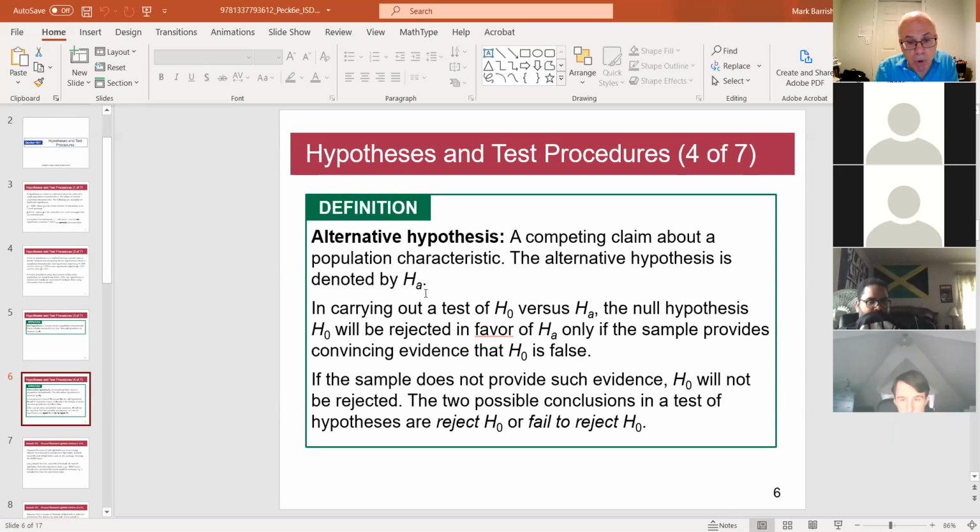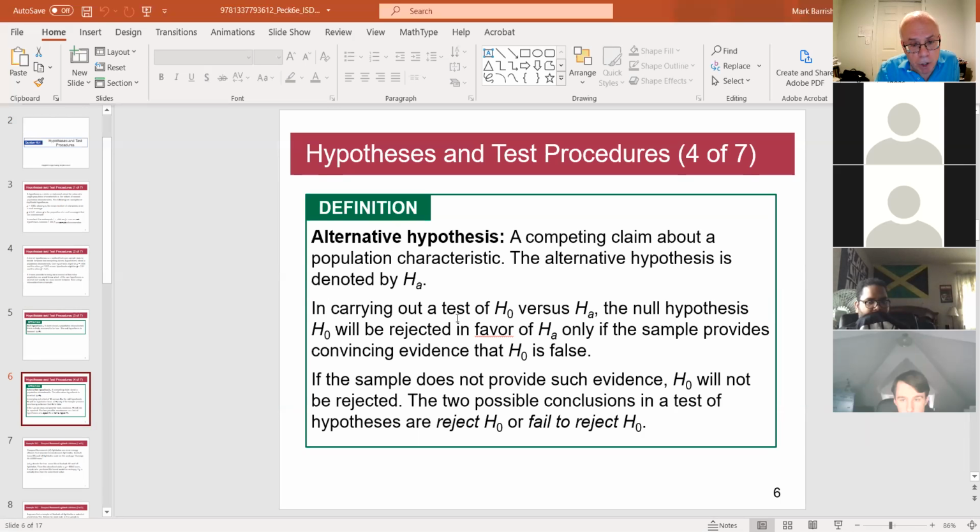So when we carry out a test, we're going to have two competing hypotheses: H sub 0, which is the null, the accepted hypothesis, and your hypothesis as the trailblazer, the person who has the new idea, H sub A. So these are going to compete, and you're going to see which one seems to be the better hypothesis in terms of the sample data that you've collected.